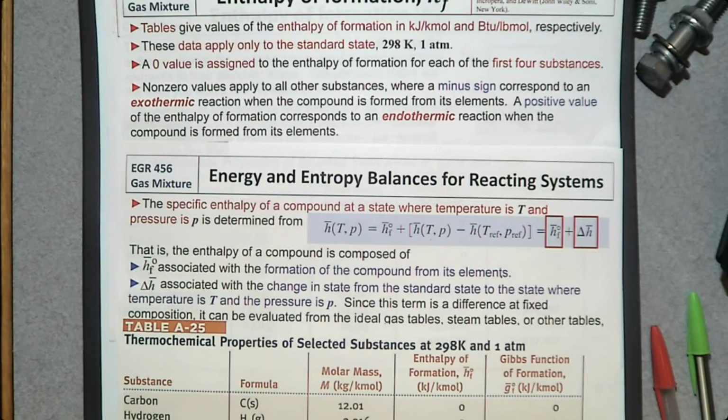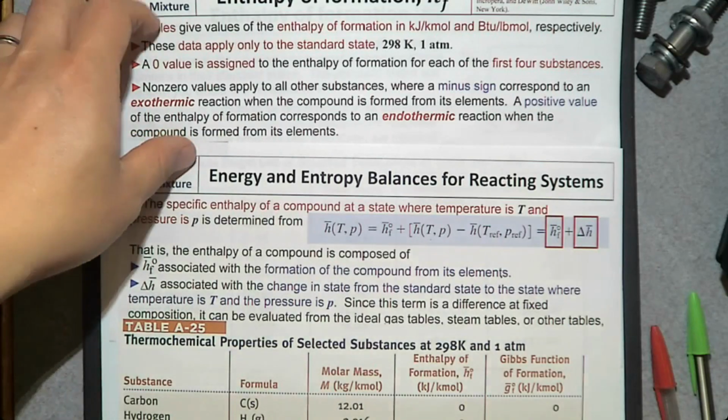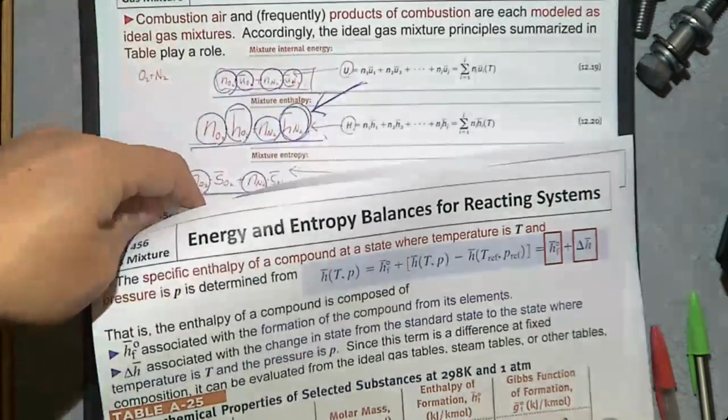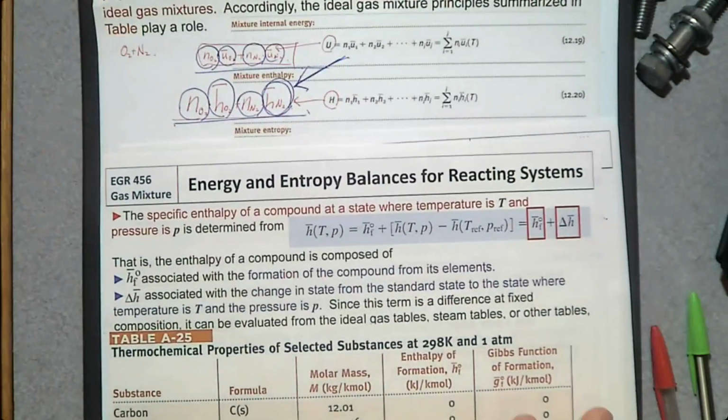So if you want to determine the mixture enthalpy H here, we need to know H bar of this component, H bar of this component. That H bar should be determined by this equation: the enthalpy of formation plus delta H bar.